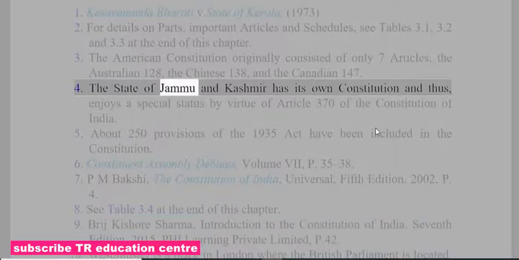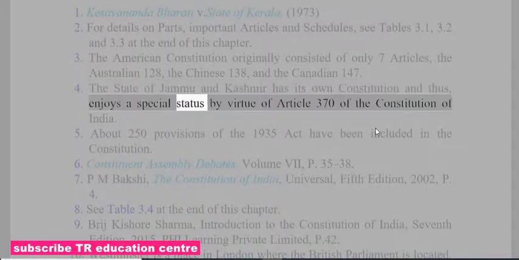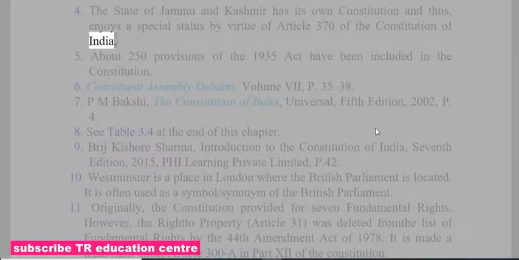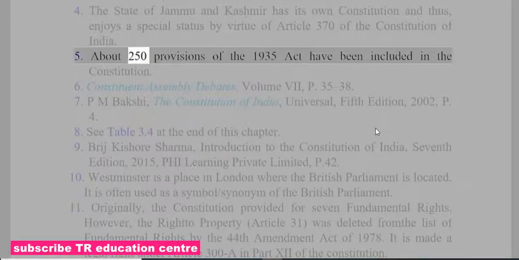The state of Jammu and Kashmir has its own constitution and thus enjoys a special status by virtue of Article 370 of the Constitution of India. 5. About 250 provisions of the 1935 Act have been included in the Constitution.